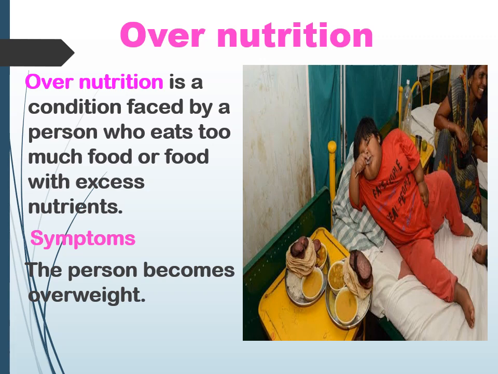You can see the picture here. The child is overweight, right? So the person suffering from overnutrition becomes overweight, meaning an increase in the weight of the person. That is nothing but obesity.